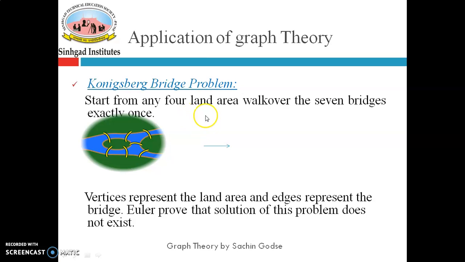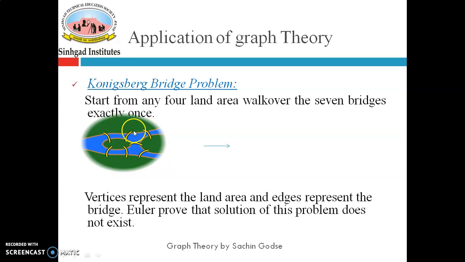Start from any land area and walk over the 7 bridges exactly once. Is it possible or not? We saw that for an Eulerian path, every edge should be visited exactly once.